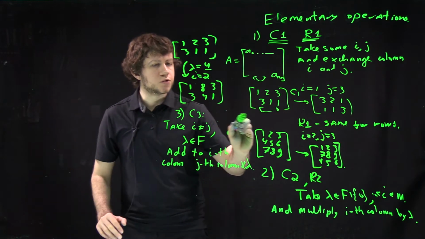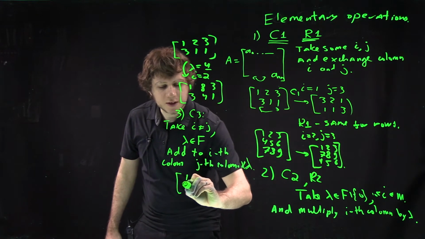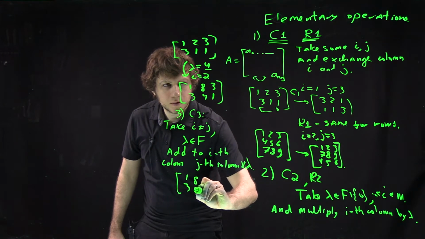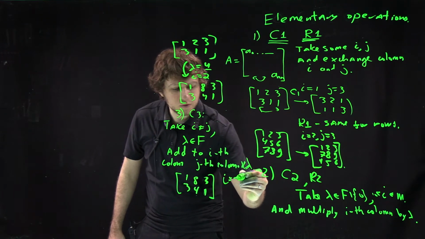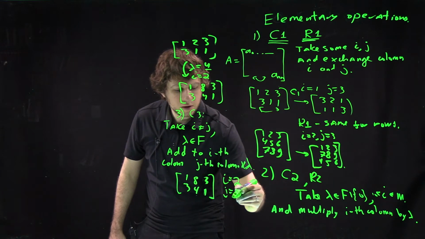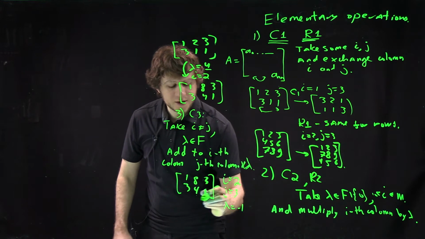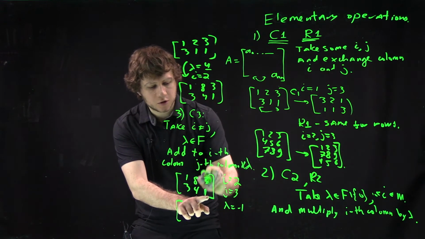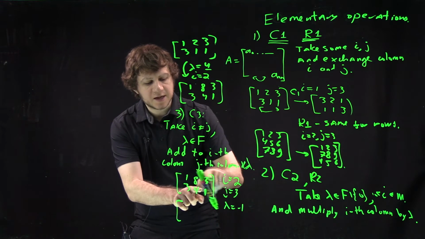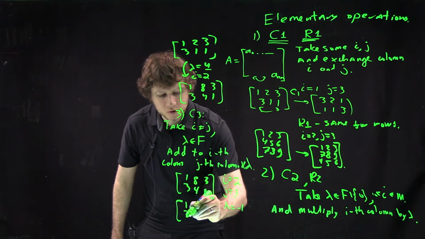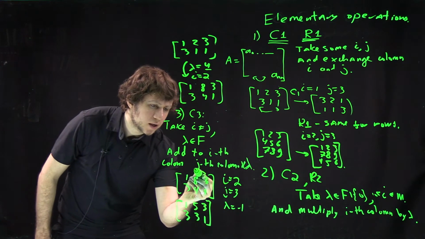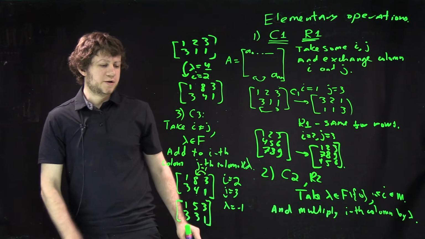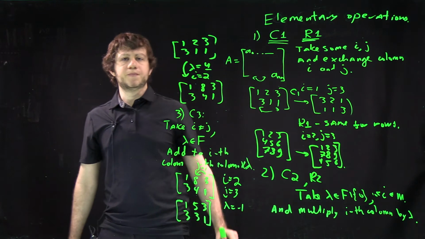So again, what you do, you take for instance the same matrix, and then you take I equal to 2, J equal to 3, lambda equal to -1, and then you take the third column, multiply by -1, and add to the second, and you get 1, 3, 5, 3, 3, 1. So you take basically this column and add it there, multiplied by -1. So this is the corresponding operation.